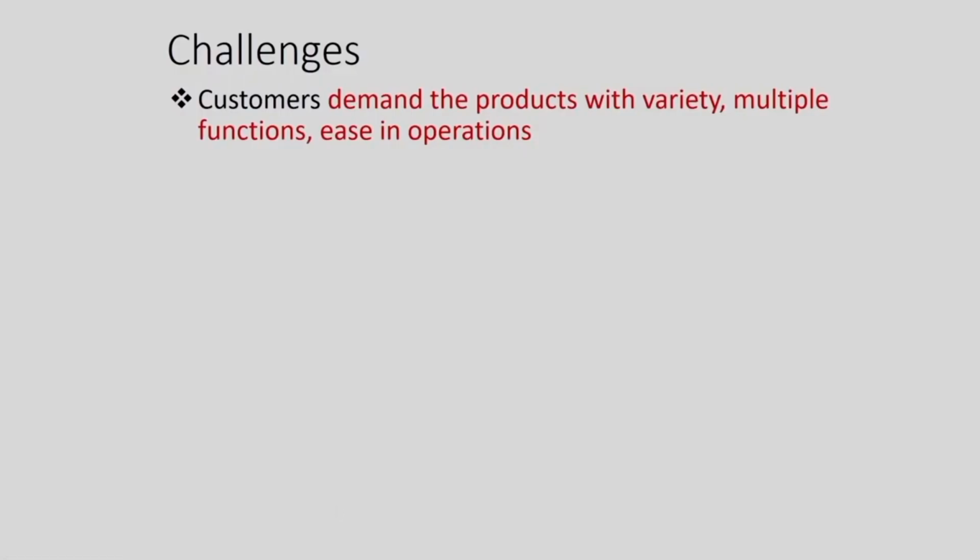This is because customers want variety and new features. As the product life cycle is getting reduced, there is enormous pressure on the manufacturing plant to respond to the market. Thus there are various challenges in front of the manufacturing enterprise.